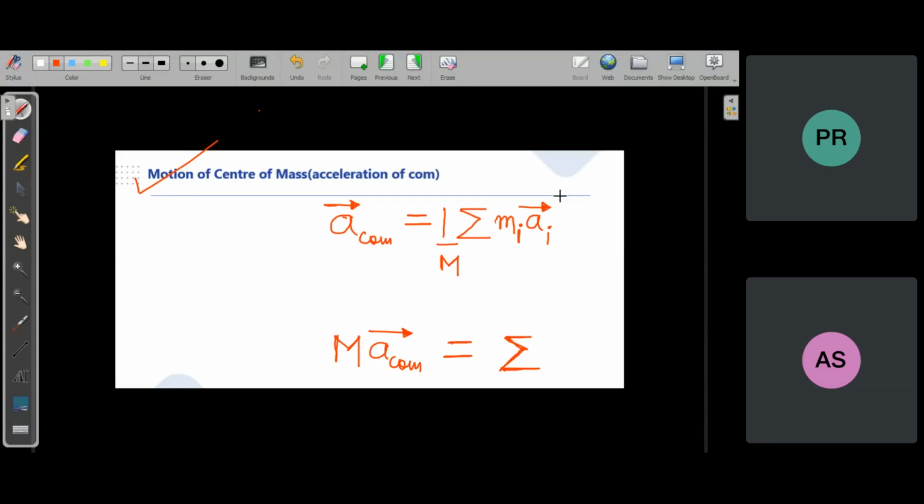So m1a1 will be nothing but F1, force on the first particle, m2a2 will be nothing but force on the second particle, m3a3 will be nothing but external force on the third particle, and so on. If you go on adding all, what you get is the total force on all the particles. When you add the forces vectorially, that is nothing but the net external force on the system, right?